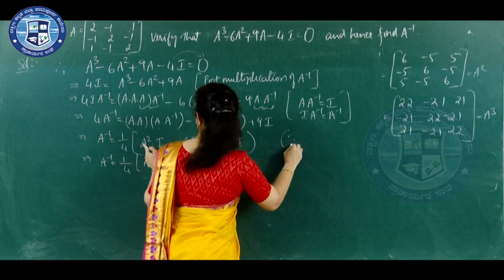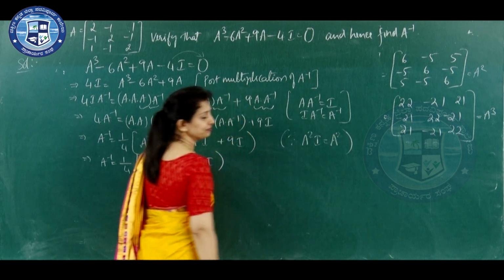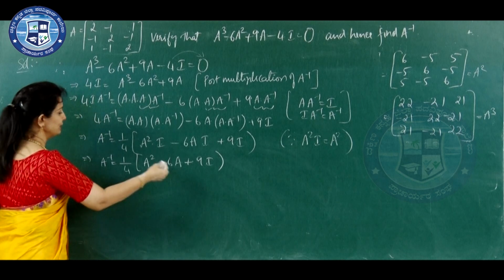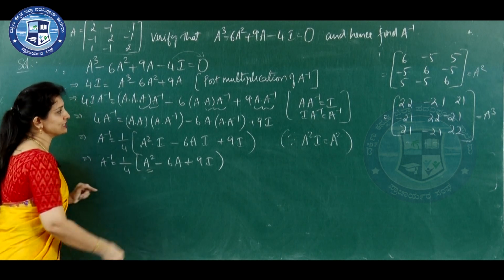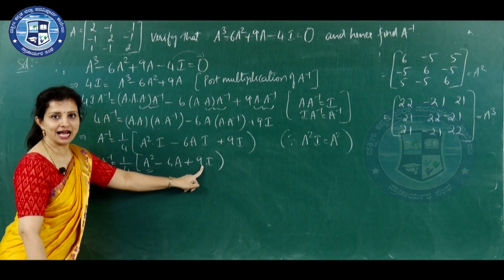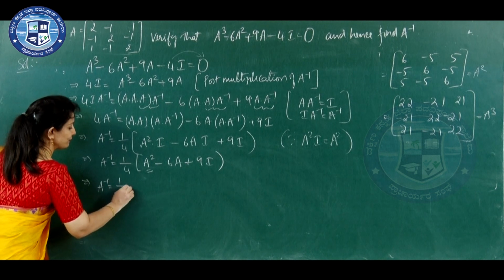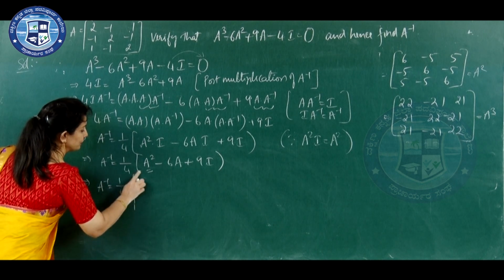Here we have substituted A square into I as A square itself, the same matrix. So we know the value of A square, we know 6A, and 9I also. Substitute. That implies A inverse is equal to 1 by 4 into A square.